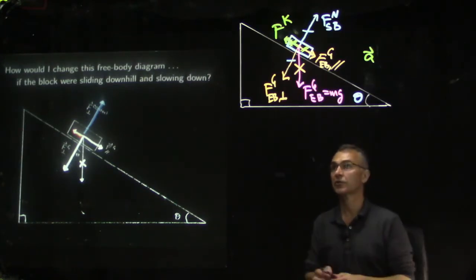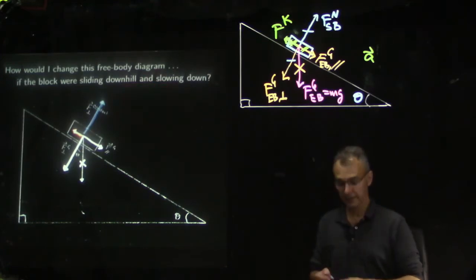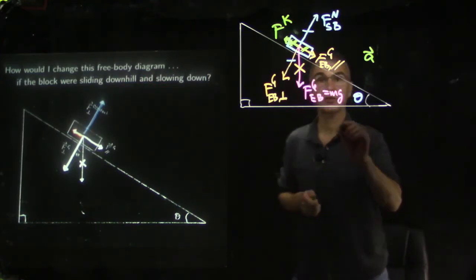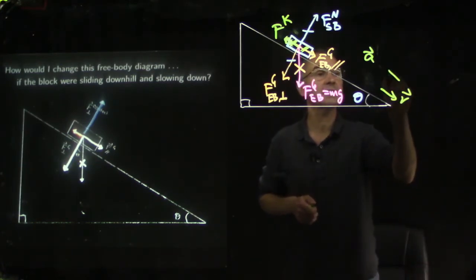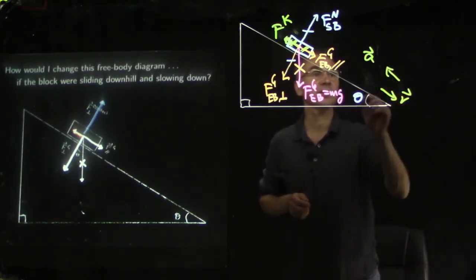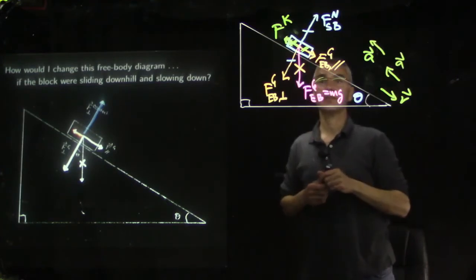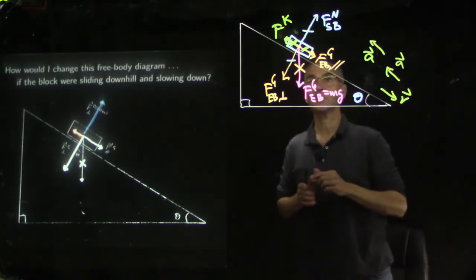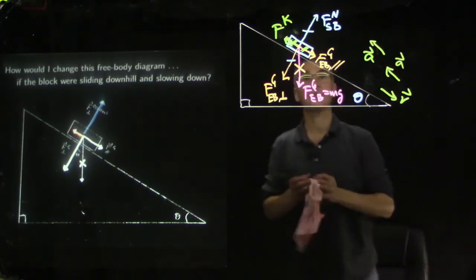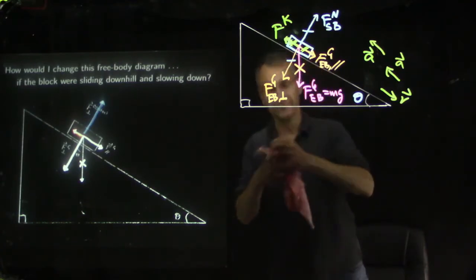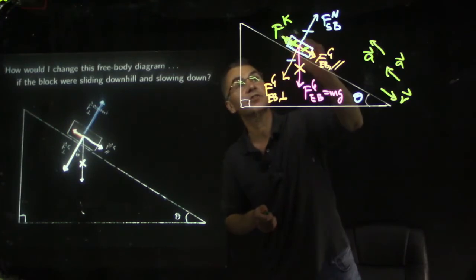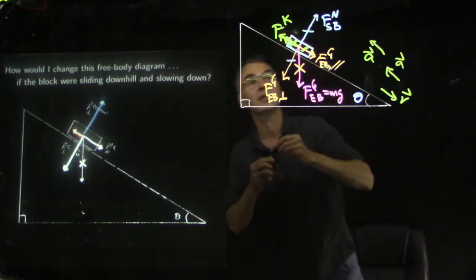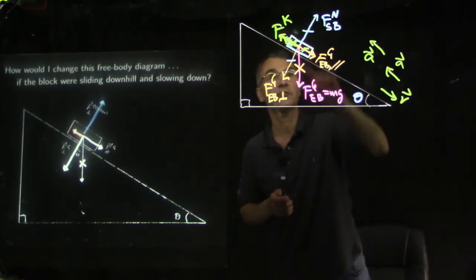What if the block were sliding downhill and slowing down? Well, if the velocity points this way and it's slowing down, then the acceleration must point this way. In that case, the kinetic friction arrow must be longer than the downhill component of gravity. So we have to make this arrow longer, and then it's no longer the same length as the gravity arrow, so we have to get rid of these hash marks.